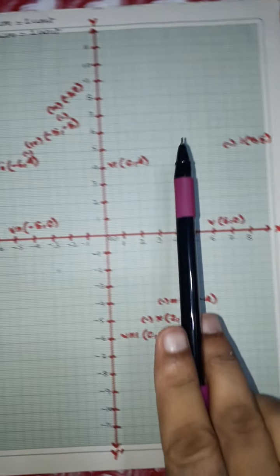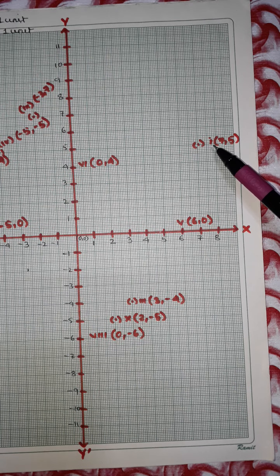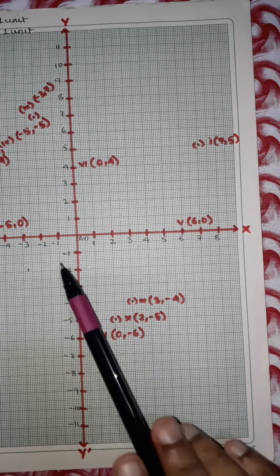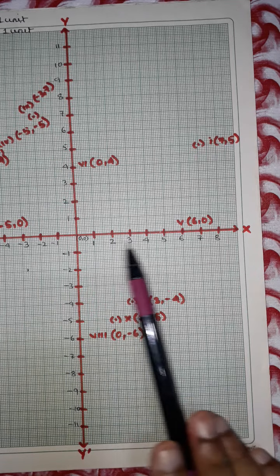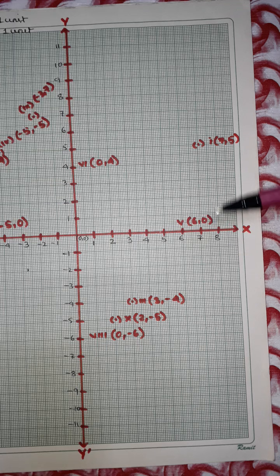Now you can see here part number 1, 7, 5. If you are moving along the x-axis 7 steps, 1 2 3 4 5 6 7, and second, the ordinate is 5. 1 2 3 4 5.